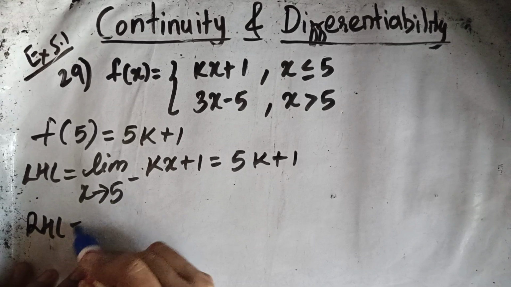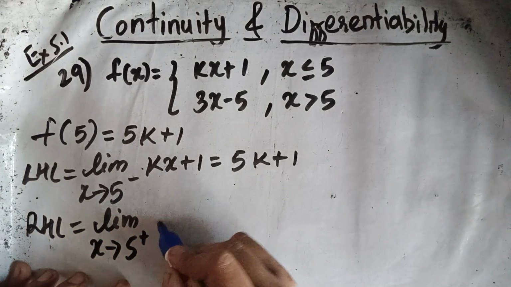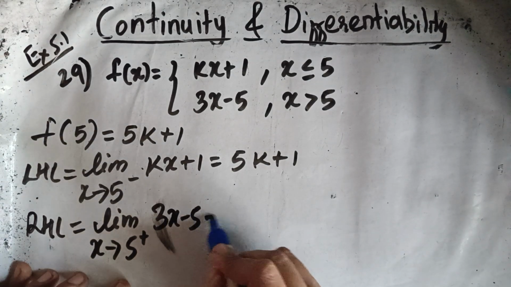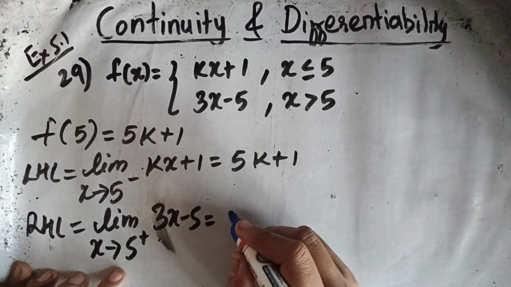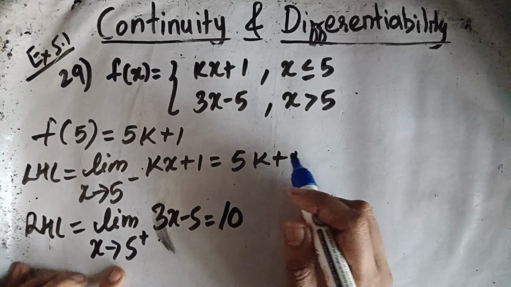Right hand limit as x tends to 5 plus, 3x minus 5. So this is 5 3 is 15, 15 minus 5 is 10.